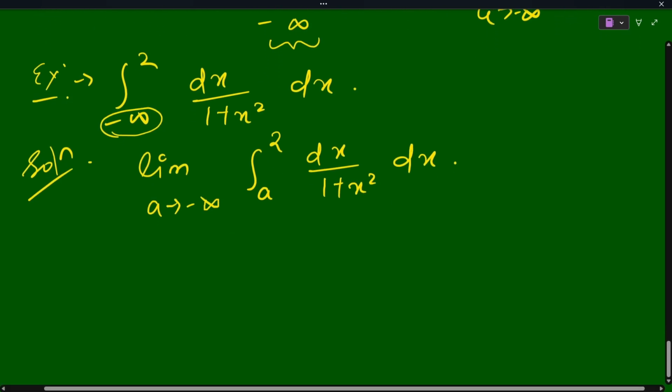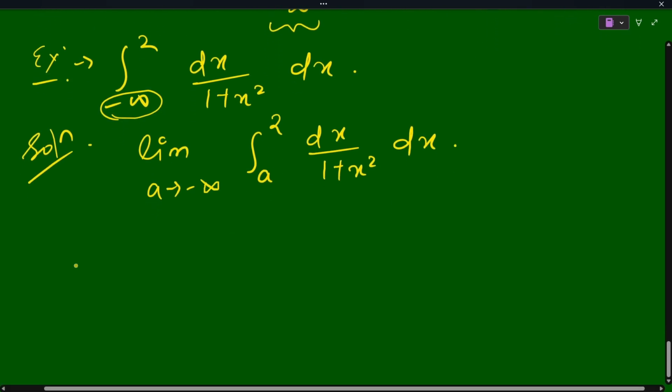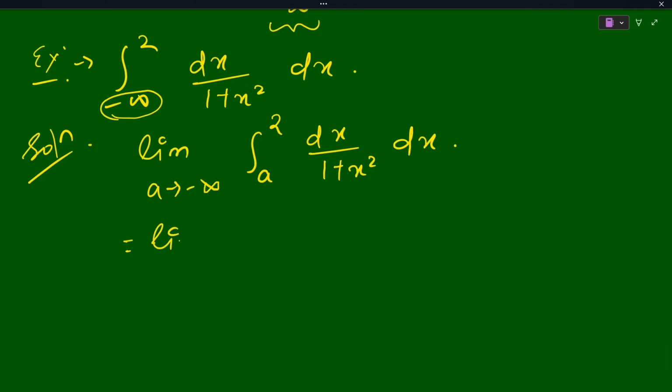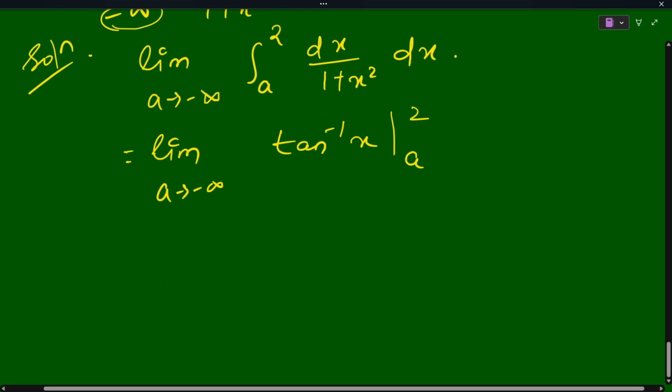Okay, so now see what is this value, dx by 1 plus x square. The integration would be, if you remember, the integration of tan inverse. So this value is tan inverse x, and the limits are from a to 2. Now I will use the limits.